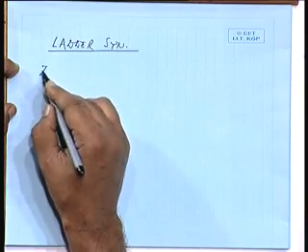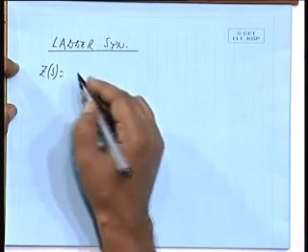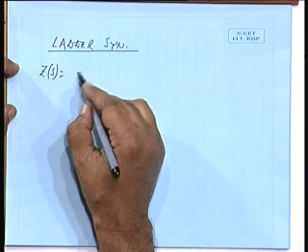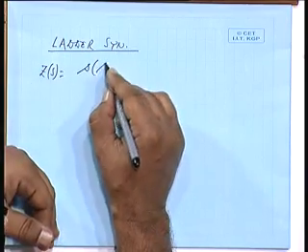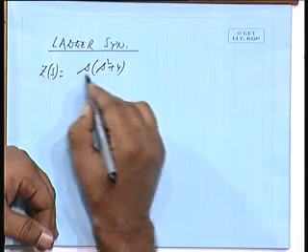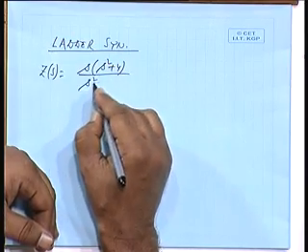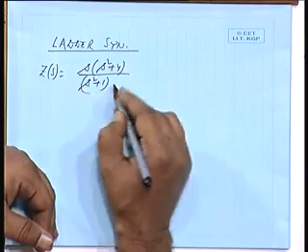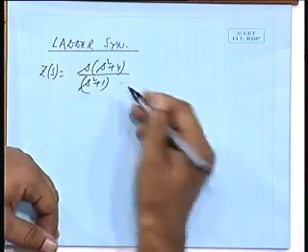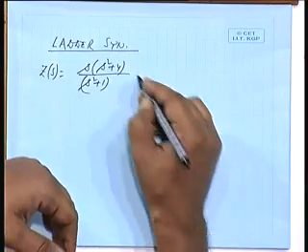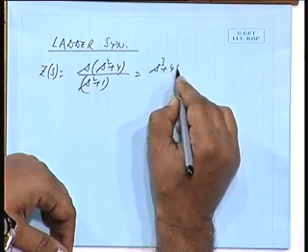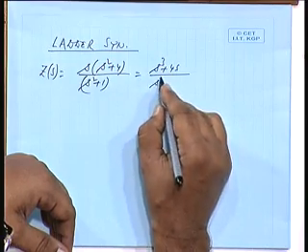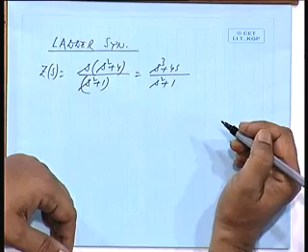Suppose Z(s) is written as, say, s into (s squared plus 4) by (s squared plus 1). I will take a simple function for convenience here. Okay, let us take a simple one to start with. So I can write this as (s cubed plus 4s) by (s squared plus 1).